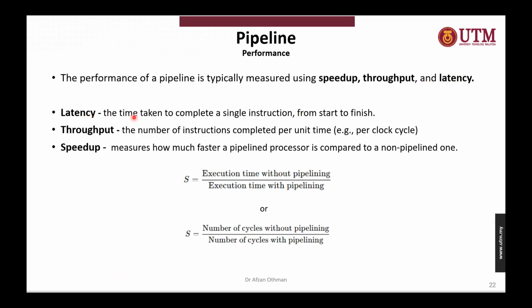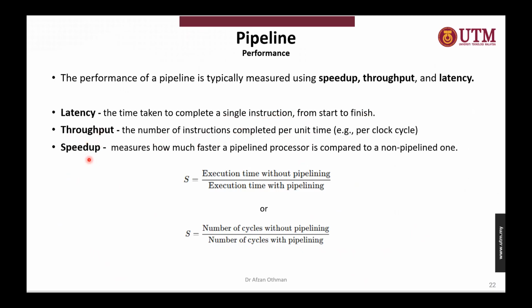Latency is the time taken to complete a single instruction from start to finish. While throughput is the number of instructions completed per unit time. Given the time, you're going to find out how many instructions you can complete in that given time. That is throughput.